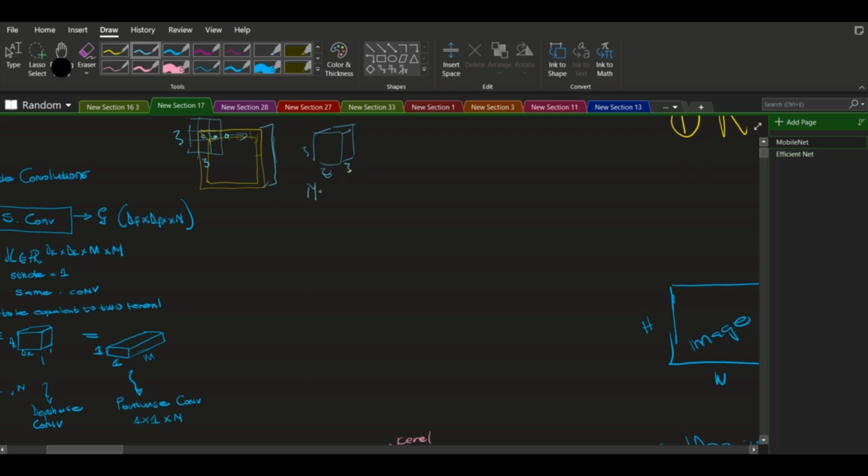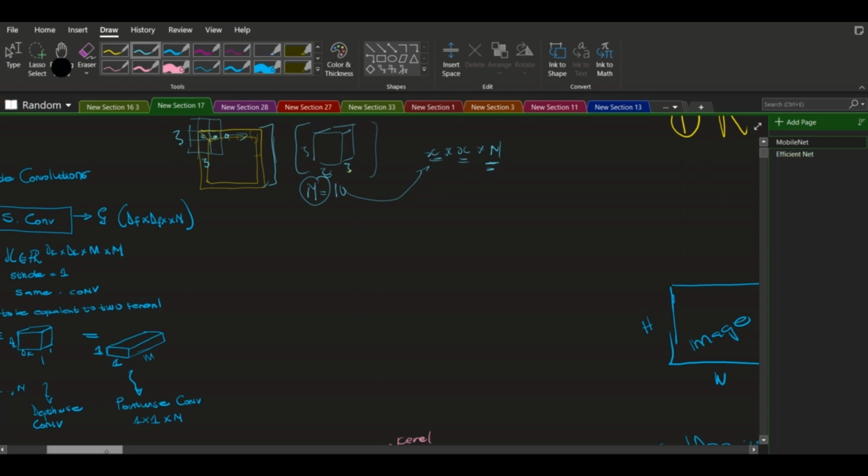So that N that I was talking about determines how many of these kernels we can have. So maybe we have 10. Then the output is going to have X by X by N. I'm putting X here just to say this is going to be the height and width. I'm trying to visualize this so that you understand how these dimensions work and what the output is going to have.